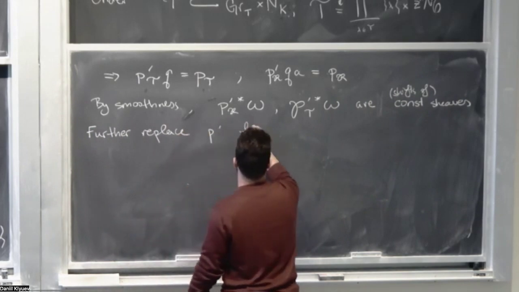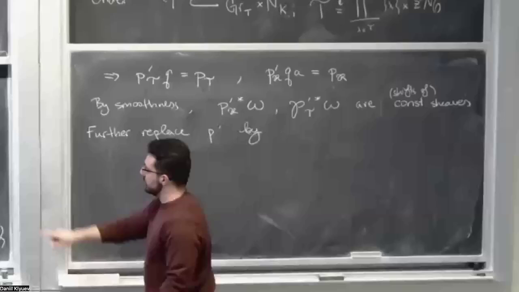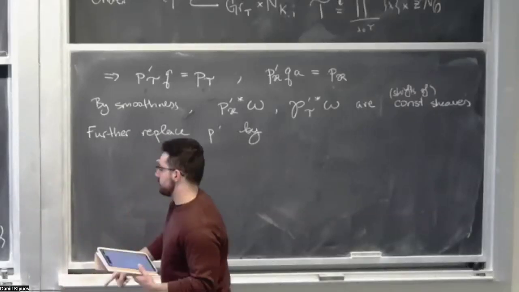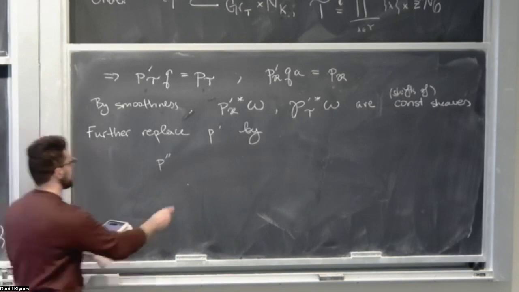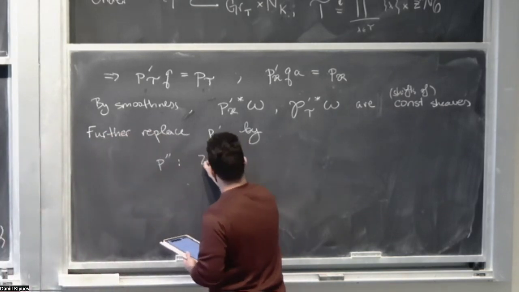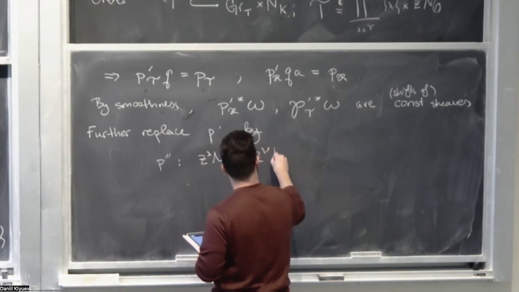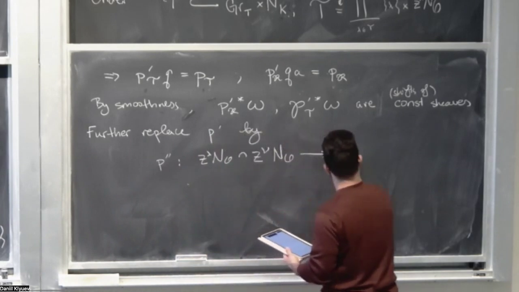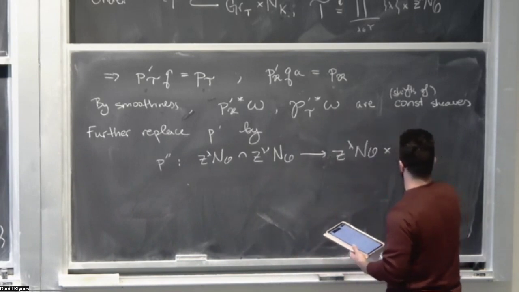further replace P prime by P double prime, which on the individual components does, so why am I replacing P prime by something, since there are these awkward factors floating around here? If you renormalize, you can just rewrite it as this. That's the product.